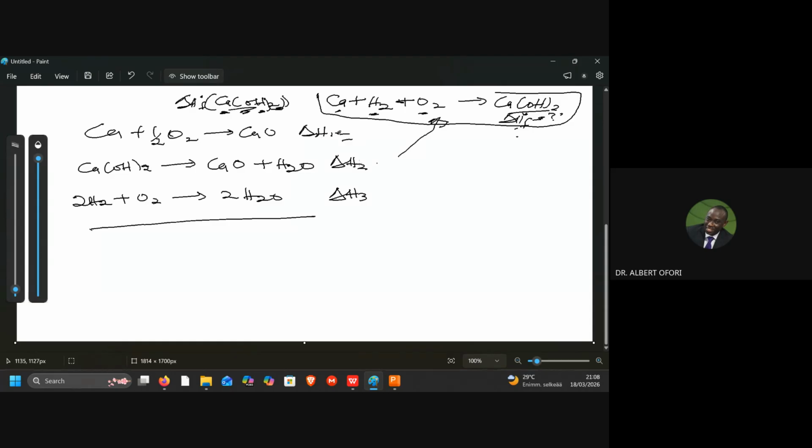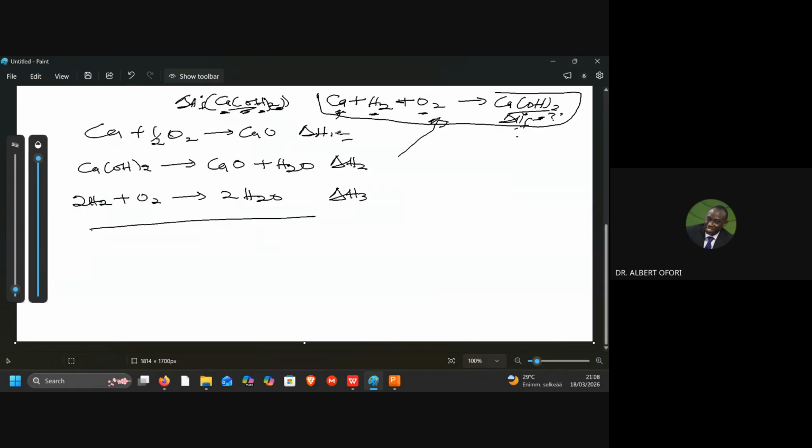So look at the first equation. In the target, I have calcium on my left, and in the first equation calcium is on my left too. Calcium is 1 mole, and in my target, calcium is also 1 mole. So for the first equation, I'm not doing anything.